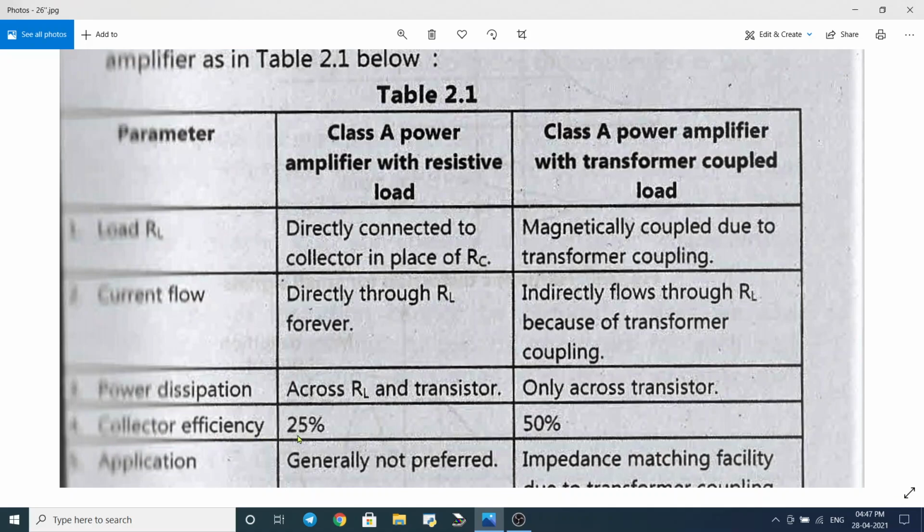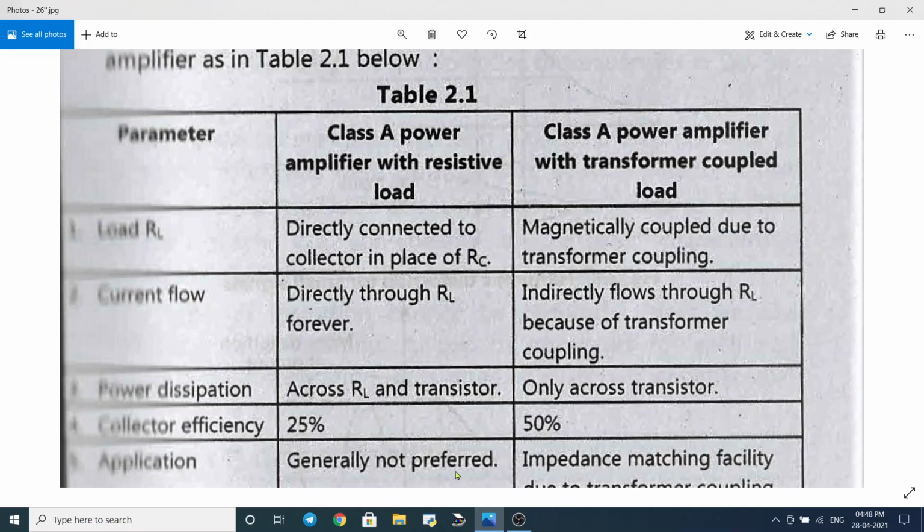Now this is an important point which we know already. Collector efficiency we have calculated. It is 25% for Class A power amplifier with resistive load and it is 50% for Class A power amplifier with transformer coupled load.